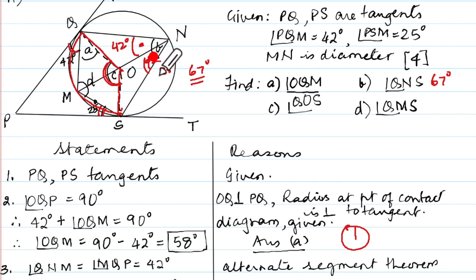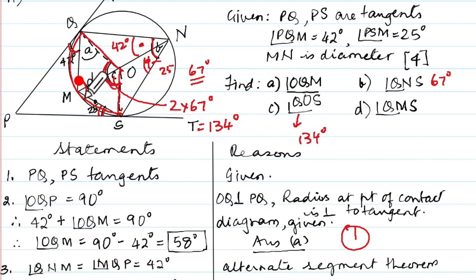But for simplicity, we'll say the angle at the center here will be twice the angle at the circumference here. So this is going to be 2 into 67 degrees, which is 2 7s 14, carry 1, 2 6s 12 and 1 is 13. So this angle is going to be 134 degrees.